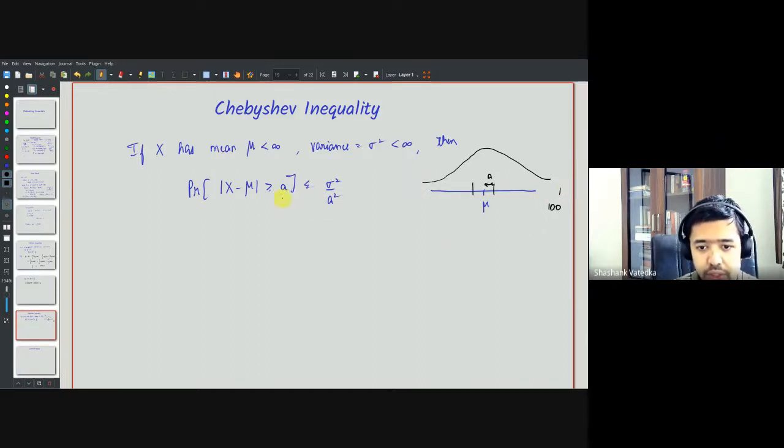Then this bound becomes useful, because sigma square is maybe 1 or 2 and a square is 100 square, so the bound is very, very small. Let's do a very quick proof. It's fairly simple since we already know Markov's inequality. We apply Markov's inequality on the following random variable.